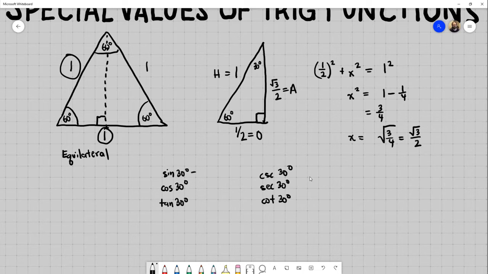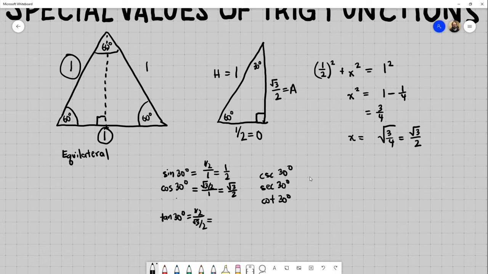Sine is opposite over hypotenuse, so sine of 30 degrees is 1/2. Cosine is adjacent, root 3 over 2, over hypotenuse, so root 3 over 2. And tangent of 30 degrees is opposite, which is 1/2, over adjacent, root 3 over 2.